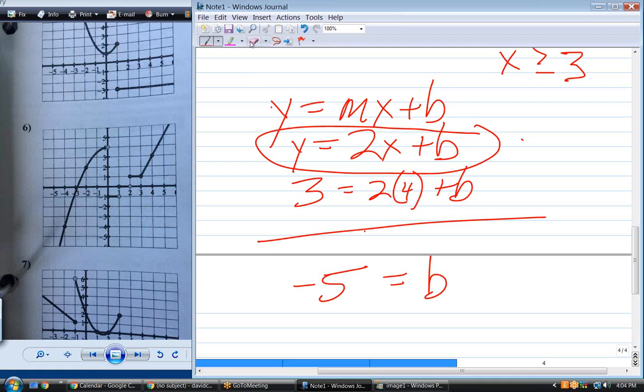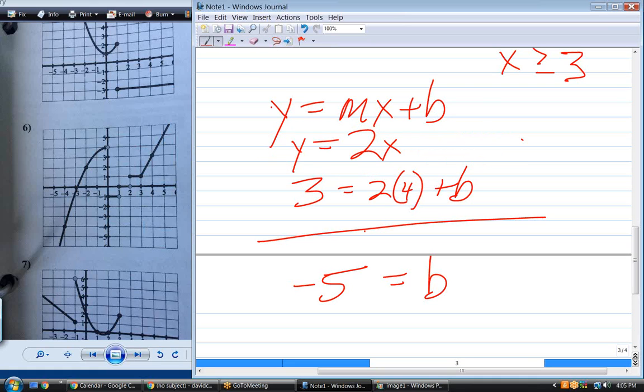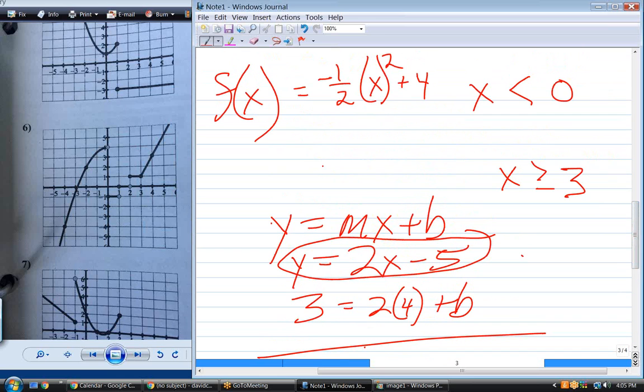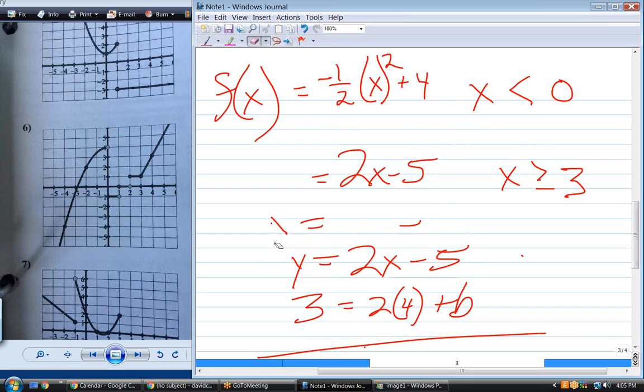Now I can substitute minus 5, and there is the equation of that line. So we put in 2x minus 5 whenever x is greater than or equal to 3.